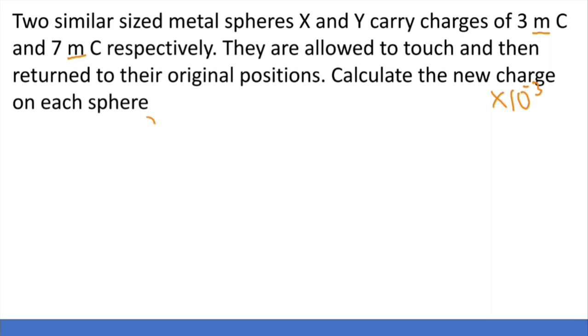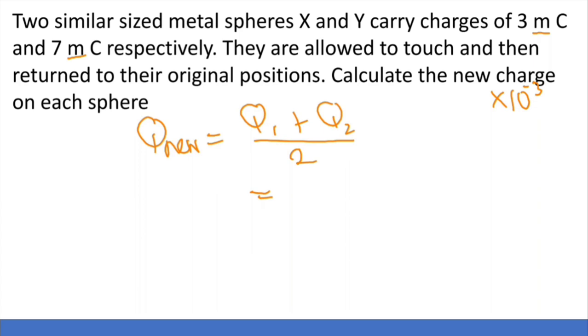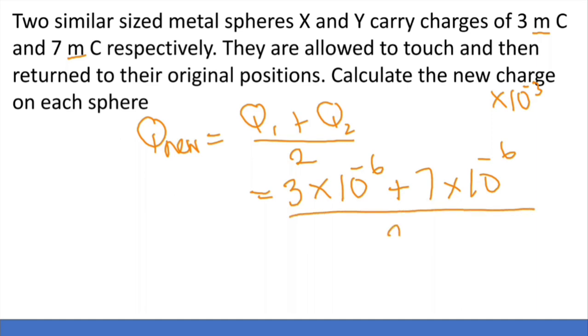We're going to simply apply the formula. Q new is Q1 plus Q2 all over 2. Q1 is 3 times 10 to the -3 plus 7 times 10 to the -3, all of that divided by 2.